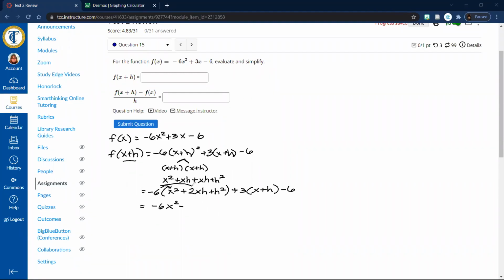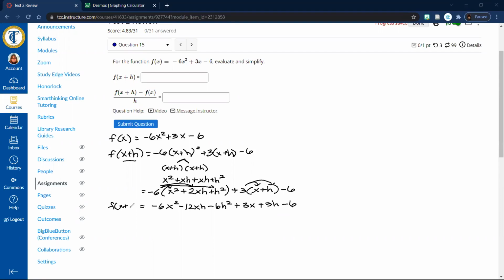What's negative 6 times 2? Negative 12xh. Then negative 6h squared. And then we distribute that 3 as well, so we get 3x plus 3h minus 6. Is any of that able to be combined? No.